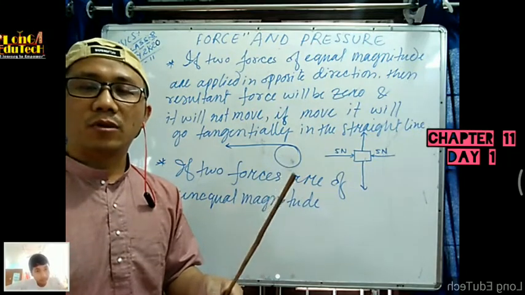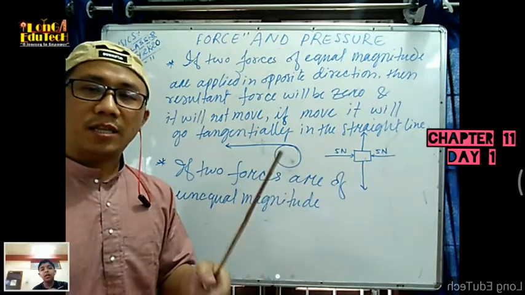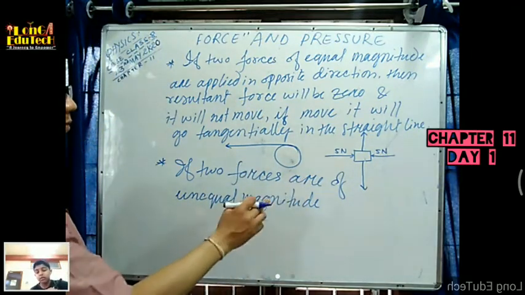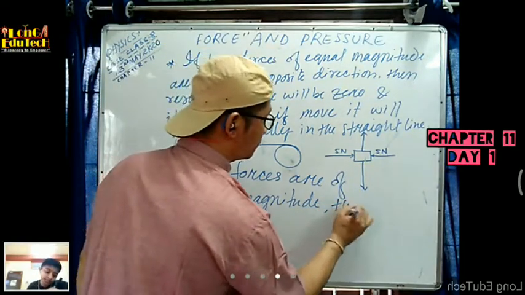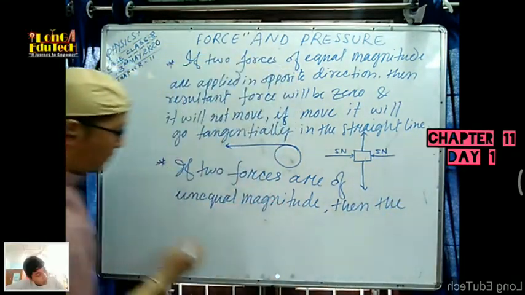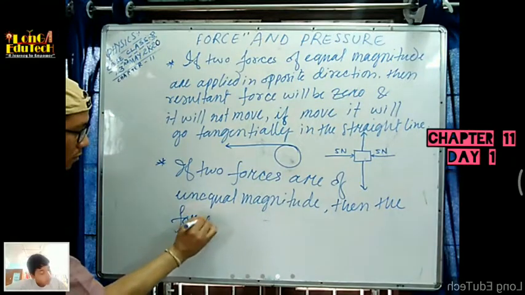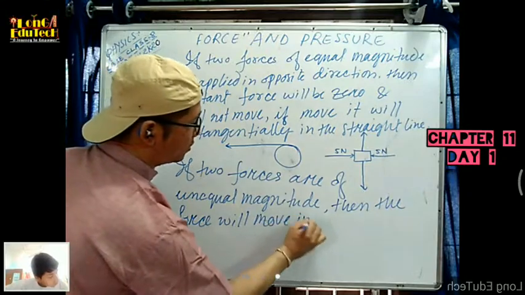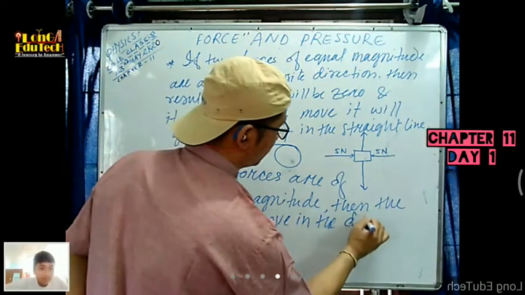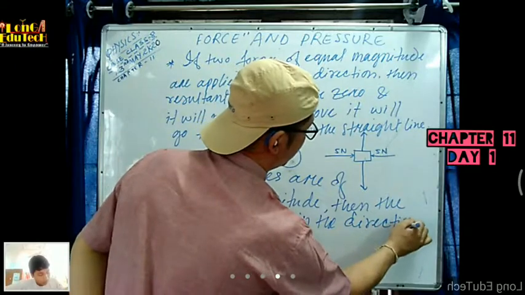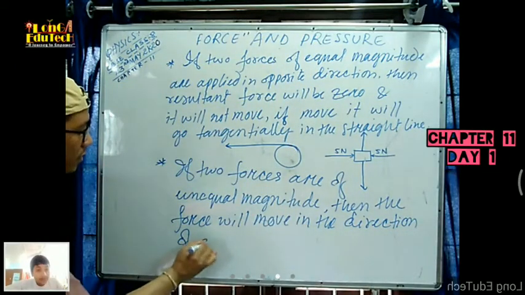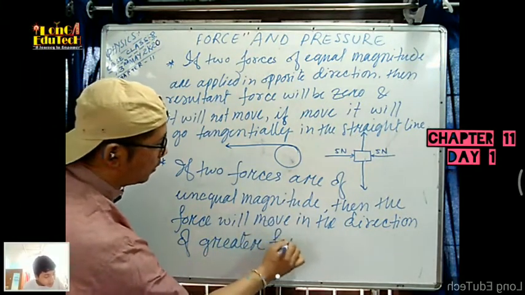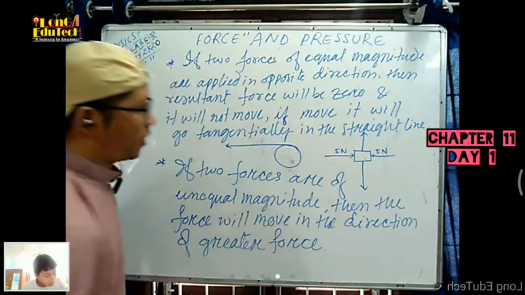Their resultant force will be the difference between the two forces. If the two forces are of unequal magnitude, then the object will move in the direction of the greater force or larger force.